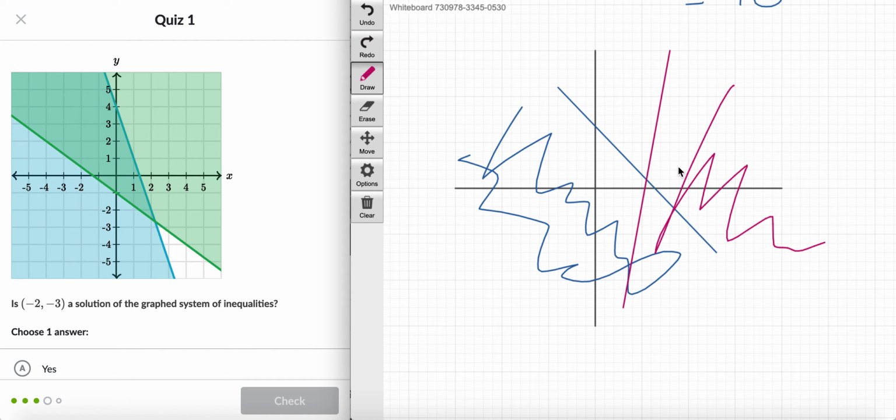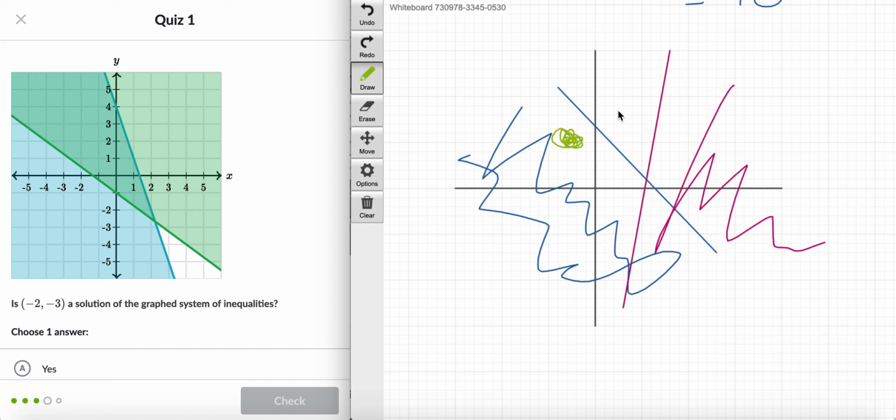Just imagine that the whole area below this line and to the right-hand side of this line is shaded, in different colors. So does this point satisfy both of the inequalities?